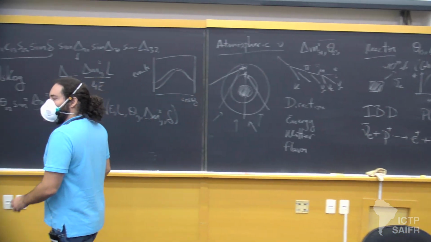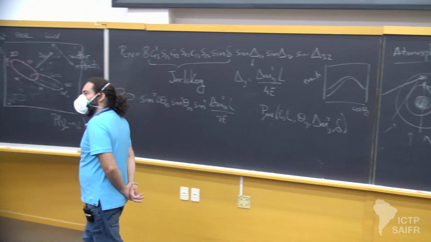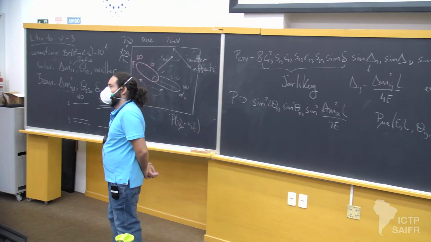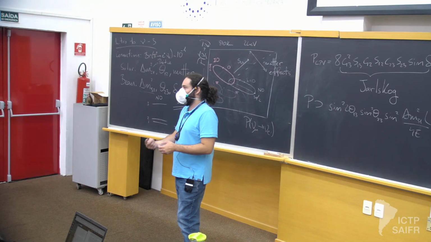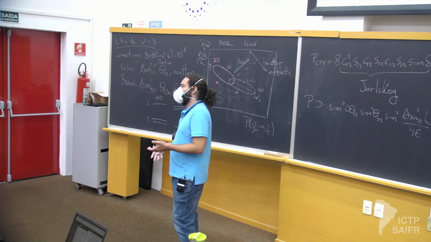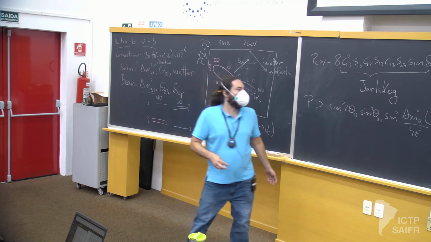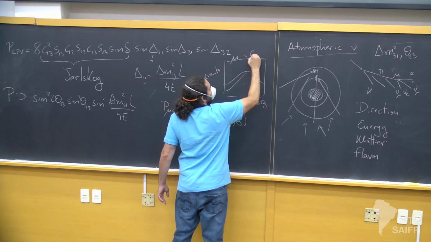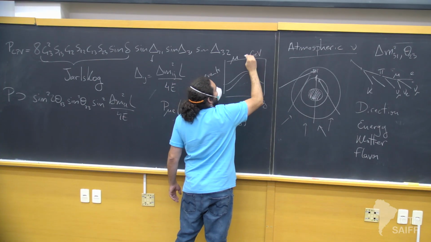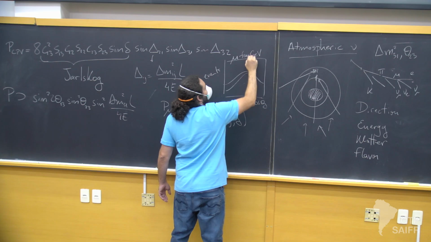Just to make sure I understand correctly, the oscillation deficit is because the neutrinos are from inside the Earth, so you have more oscillation? Yeah, so mu neutrinos come from inside the Earth. They oscillate into electron neutrinos and tau neutrinos, mostly tau neutrinos. And then you have a deficit of muon neutrino events at the, let's say, few GeV scale.